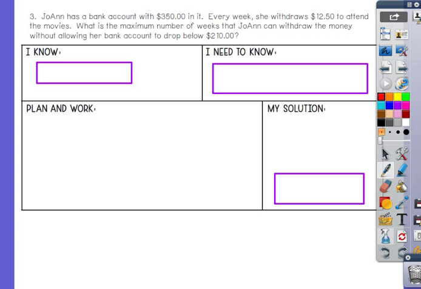So those are the clue words, every week, telling me this is happening over and over again. So I'm going to have 12.50x happening over and over again. But what did withdrawal mean?